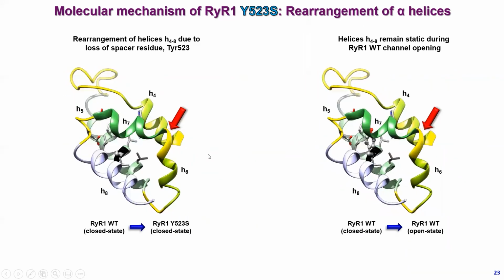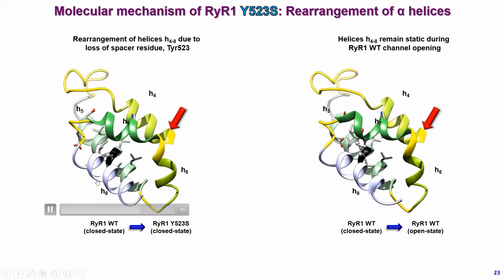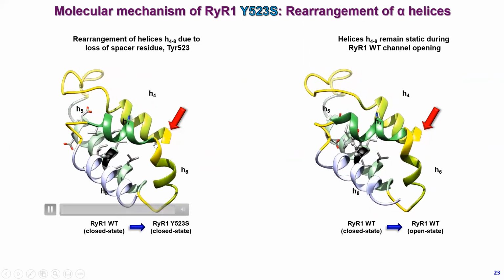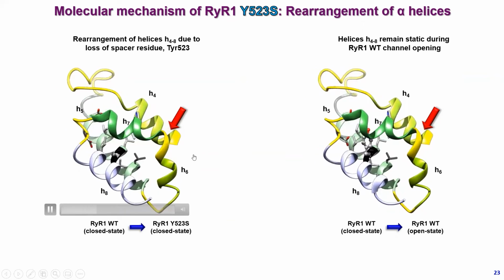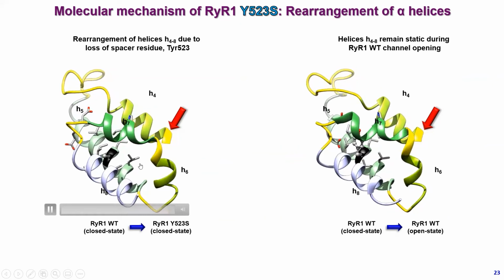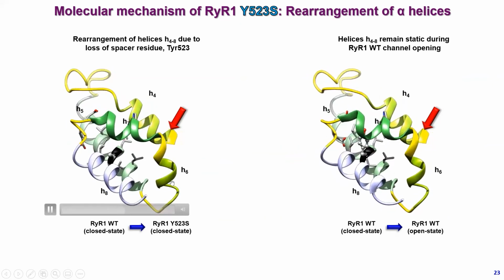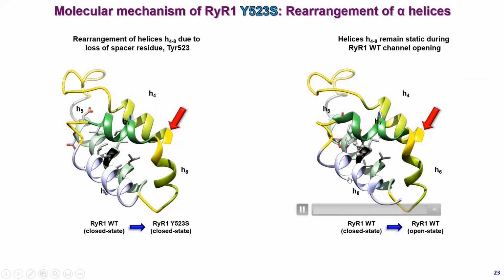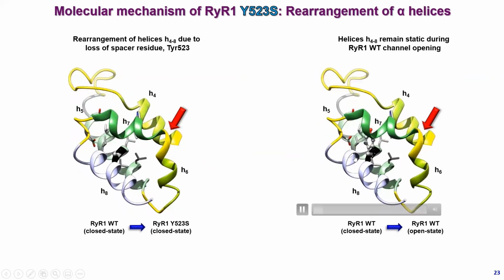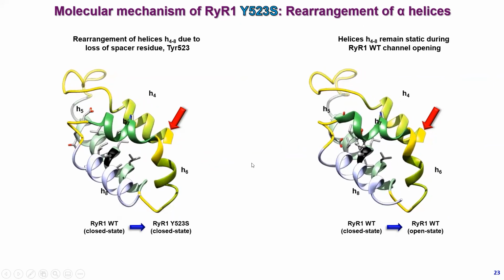Whereas in the mutant channel, the helices undergo rearrangement, specifically helix H6 and H7, which form a bent kink helix, undergoes an inward movement of about 1.3 angstrom towards H8 and H5, which changes the angle of this helix. Shown in ball and stick here is the tyrosine residue and the serine residue of interest.